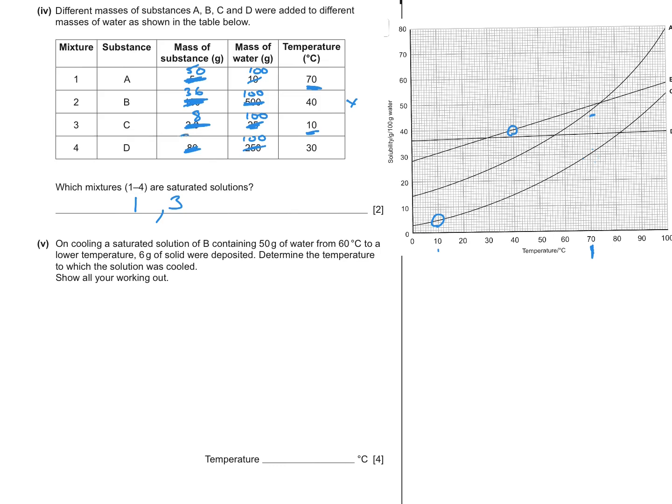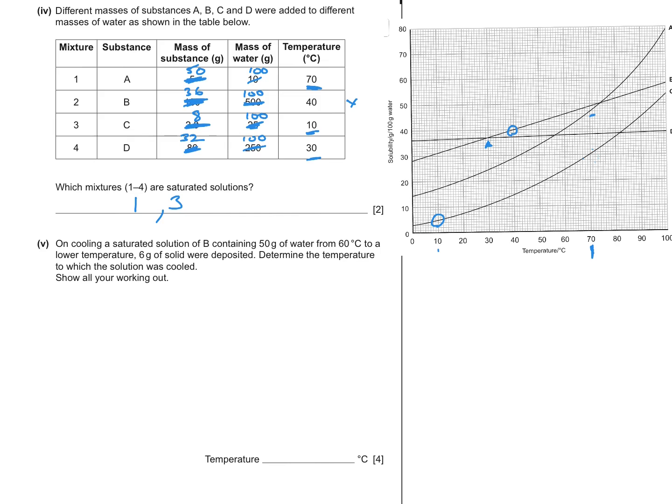So that's 32. It's at 30 degrees C. So I'm going to go to 30 degrees C and then find D, which is this line here. You can see just up there. And that's at, it's 47.